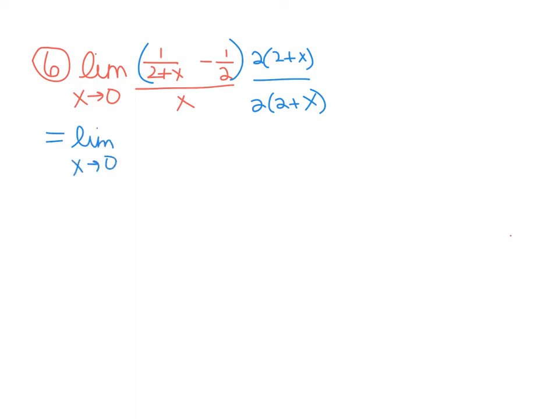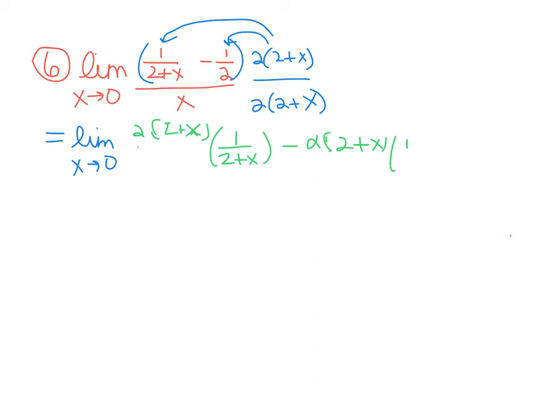So now what's going to happen is, in my numerator, I'm going to distribute this. I'll show you the intermediate step. You don't need to write all this out, but I will end up getting 2 times 2 plus x multiplied by 1 over 2 plus x minus 2 times 2 plus x multiplied by 1/2.